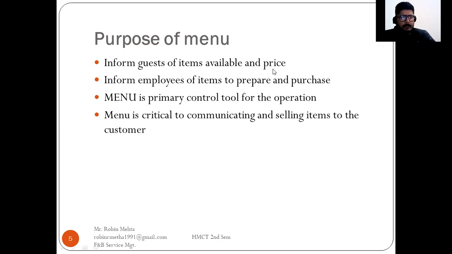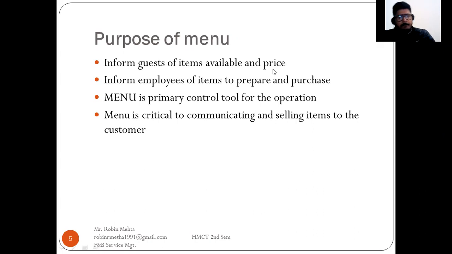First we put the requisition to purchase items, then the staff go to the market and purchase them. When they are purchasing, they negotiate the price with the shopkeeper or the contractor. If they buy the material at the lowest cost, we generate more revenue from the restaurant.